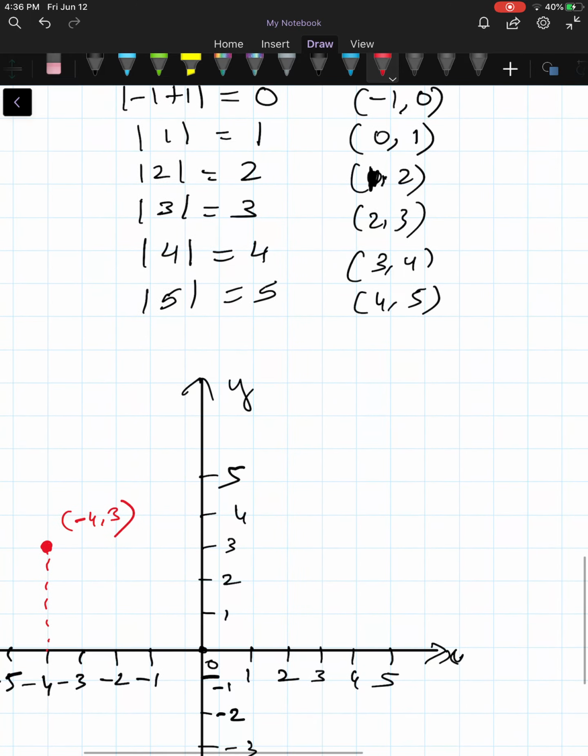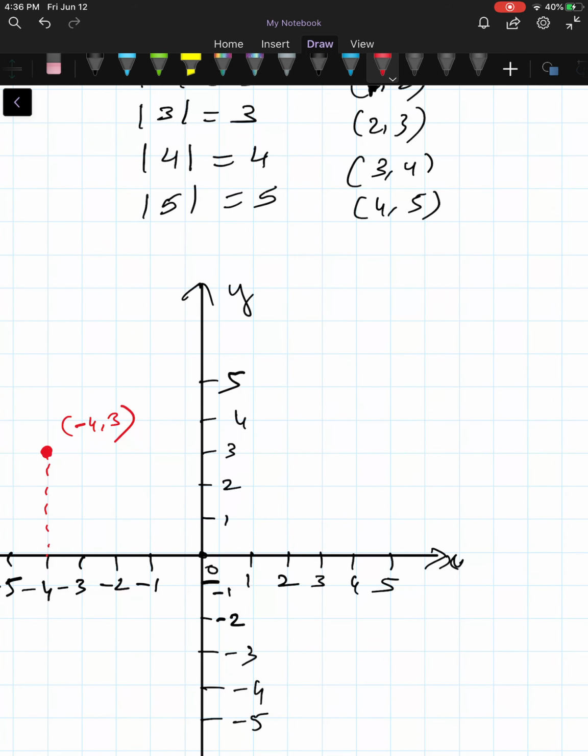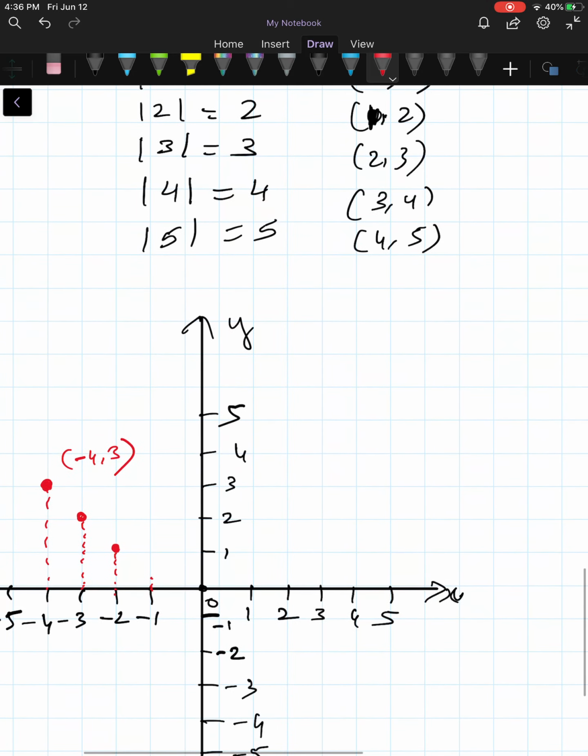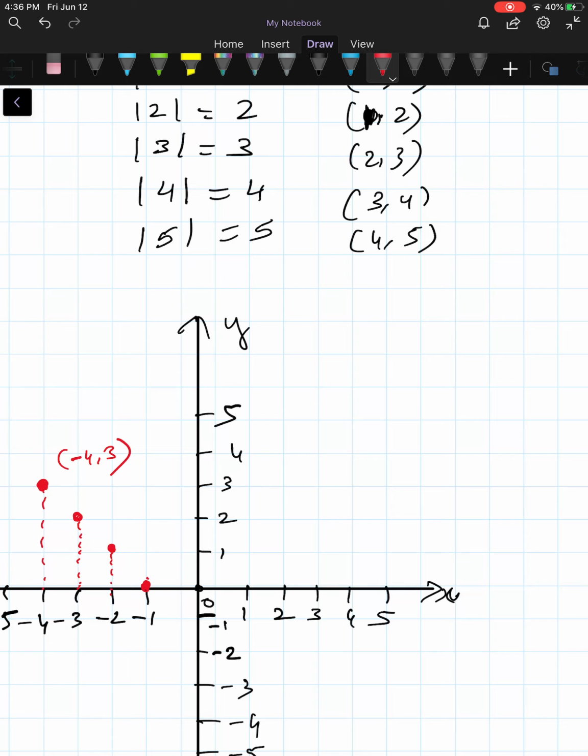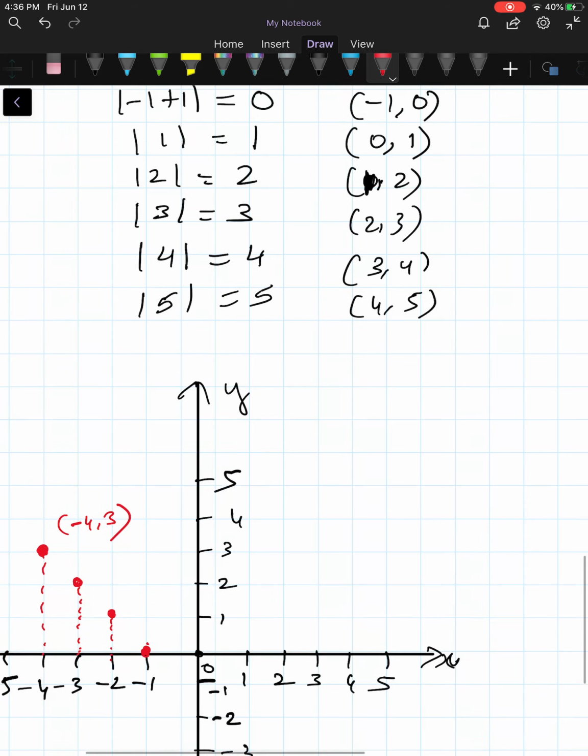Then -3, 2, -2, 1 is here, -1, 0 is on the x-axis. Y is 0, so it is on the x-axis.